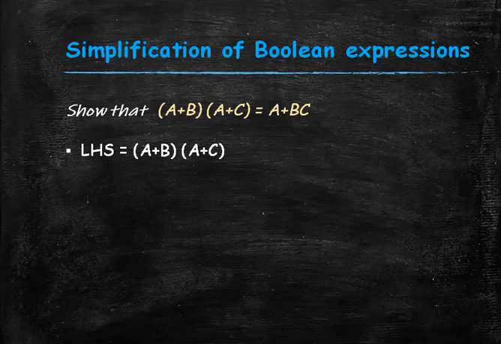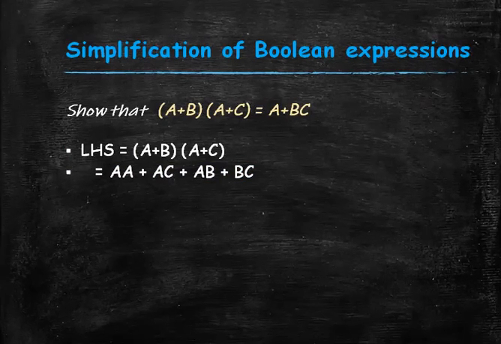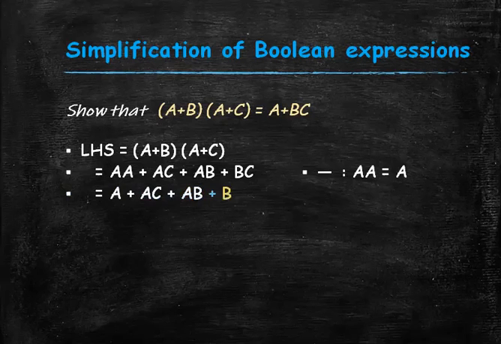We are removing the bracket by multiplying each variable, that is A or AC or AB or BC. And we know that A and A is equal to A. Then we write A or AC or AB or BC.